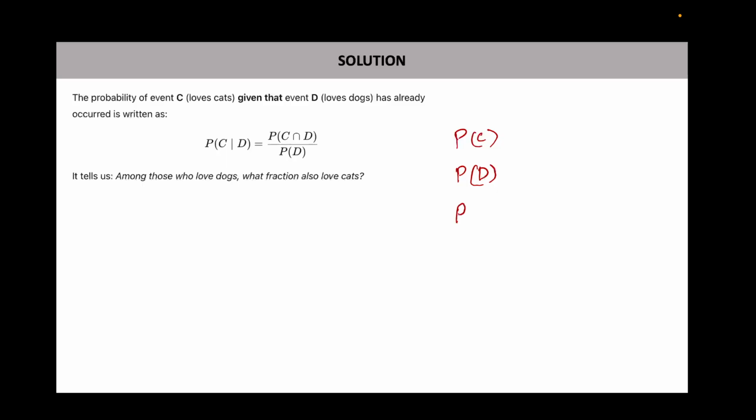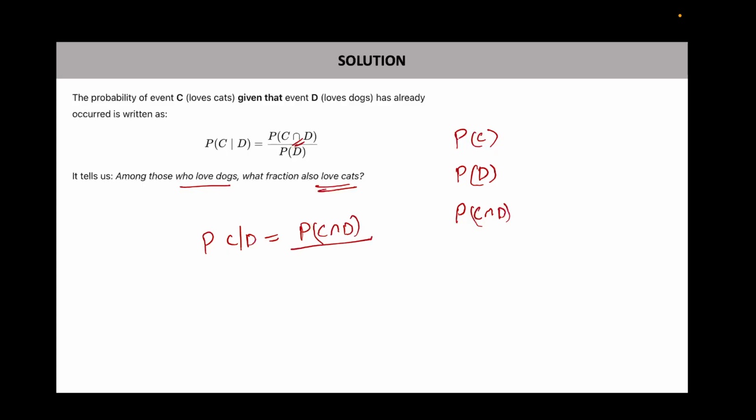And your probability of individuals loving cats and dogs will be another probability. This symbol is basically used to denote and. The question is asking how many of those who love dogs will also love cats. So to calculate this, you need to calculate the probability of people who love cats as well as dogs.